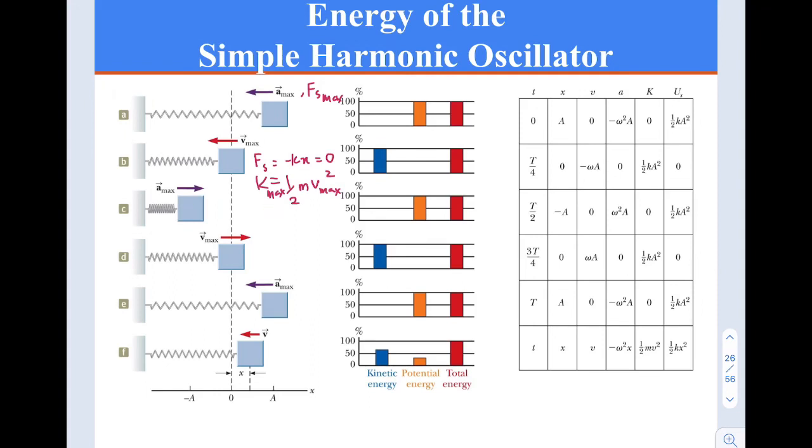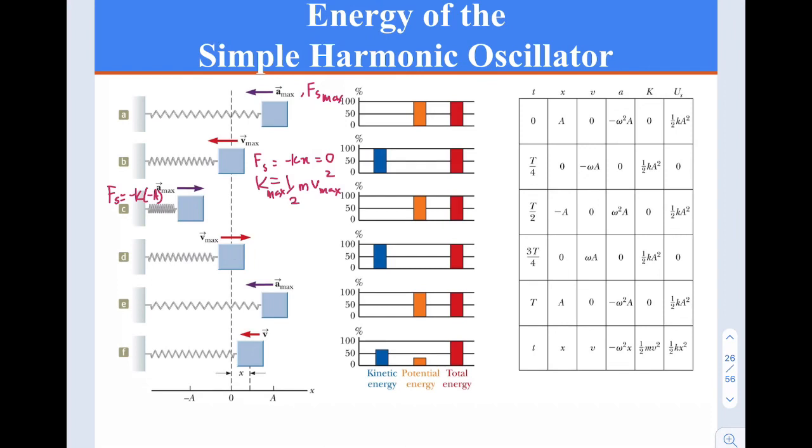And then the block is going to be moved to the right by the Fs. Here you do have Fs, equivalent to negative K times negative A. That is why your Fs is to the right. It becomes positive right now. And then again from negative A, it is going to move to the equilibrium position.